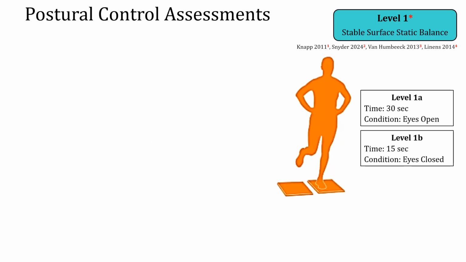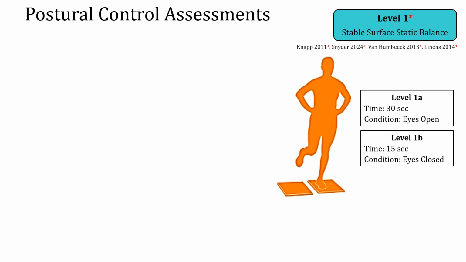Okay, so level 1, stable surface static balance. You can see the silhouette there indicating the utilization of a force plate. Again, if we have some means of capturing, whether it be center of pressure or the postural sway of the individual's torso, that would be advantageous over just looking at essentially their time or their number of errors within a particular time frame.